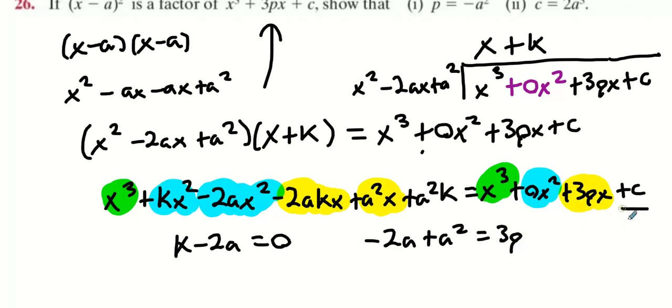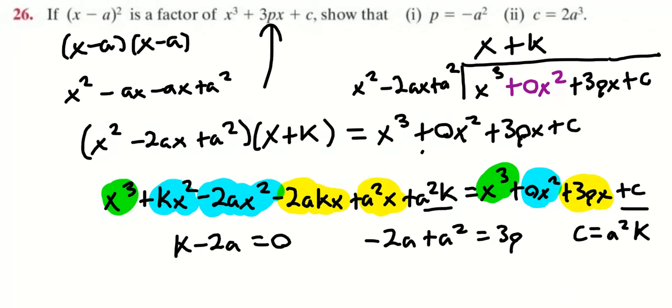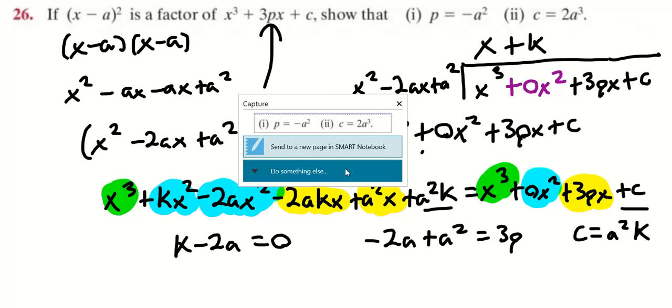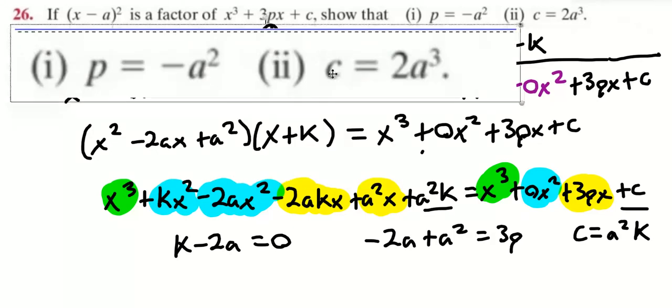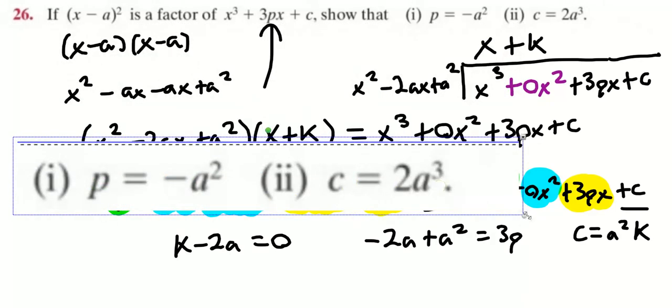And c equals a squared k. Now, the goal of our question is to get p on its own, so these ones here pretty much on their own.